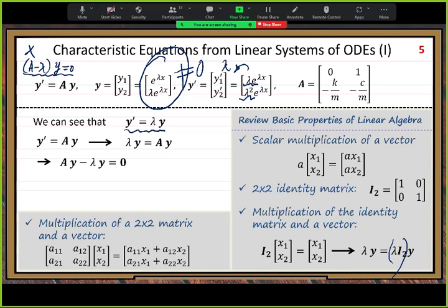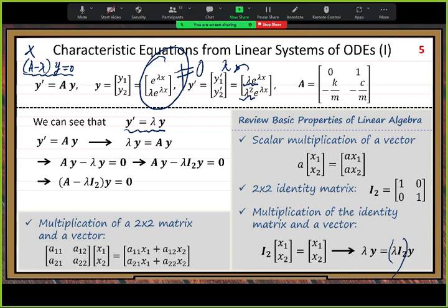Lambda times the identity matrix gives a 2 by 2 matrix, but lambda alone is not a 2 by 2 matrix. So I replace lambda times y with lambda times I2 times y. Insert that identity matrix because we want to do factorization.